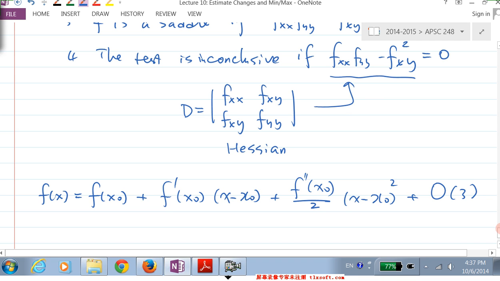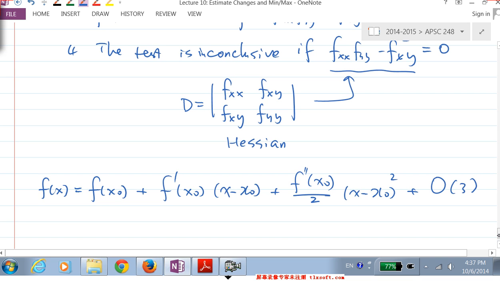So, back to the simple one, if I wanted to find the min and max of a single variable function, I do the first derivative test.